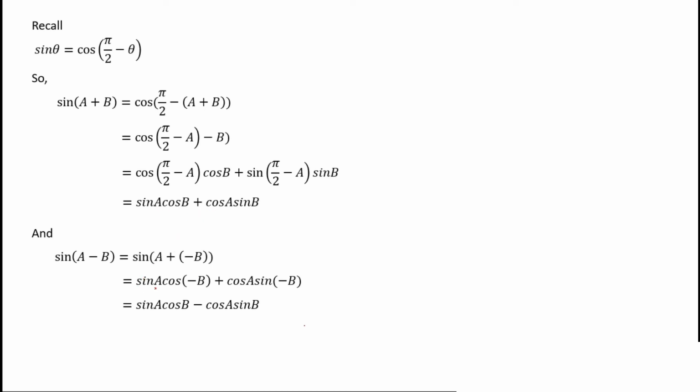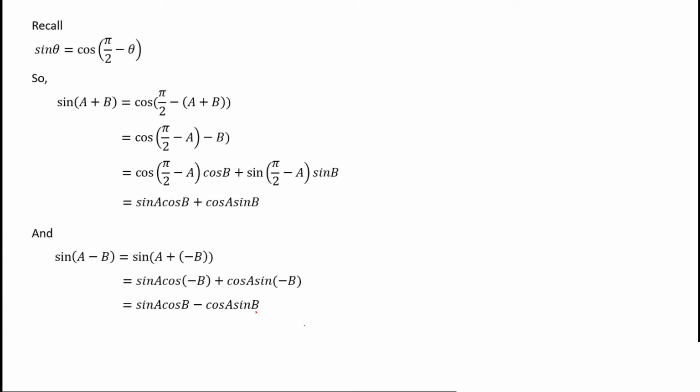That means the sine of the first angle A times cosine of the second angle negative B, plus cosine of the first angle A times sine of the second angle negative B. And then we use the fact that cosine is an even function, so cosine of negative B is the same thing as cosine B. So sine A cosine B, and then sine of negative B is an odd function, so that's going to go to negative sine of B. We change this positive into a negative, so it becomes minus cosine A sine B. So the sine of the difference of two angles is the sine of the first angle times the cosine of the second angle minus the cosine of the first angle times sine of the second angle.